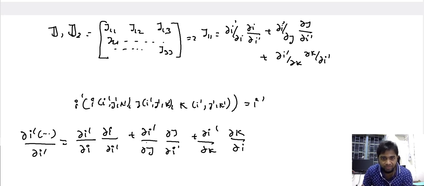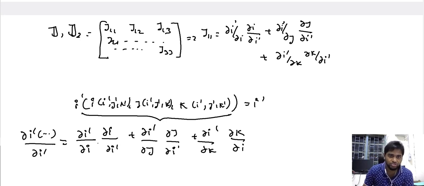This we have arrived at by considering the chain rule, when you impose the chain rule on the left hand side of our expression. So the left hand side gives us this combination of terms. And when you consider the derivative of I prime with respect to I prime, so for the derivative of this term on the RHS, which is the independent variable with respect to itself, you will end up having 1. So therefore the value of J11 would be equal to 1.